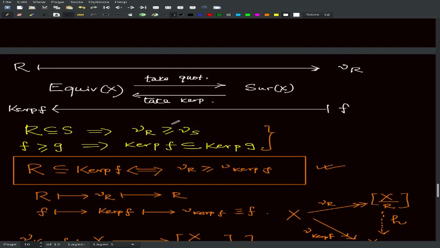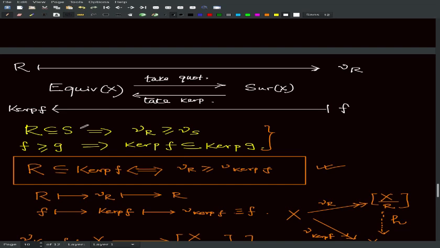But this relationship is again reflexive, transitive, and antisymmetric. Same over here. So we need to study these relations.